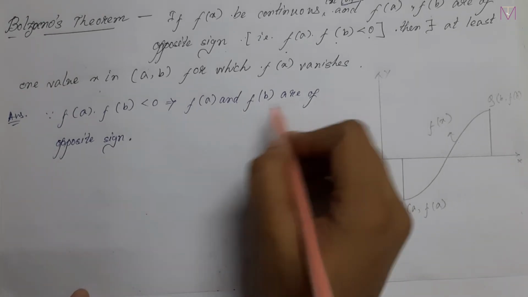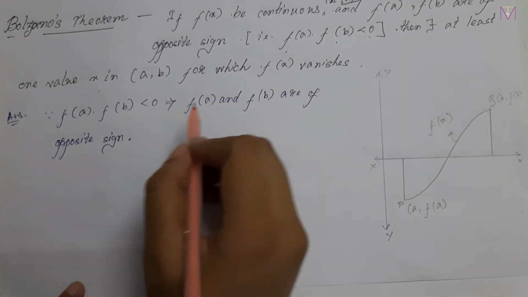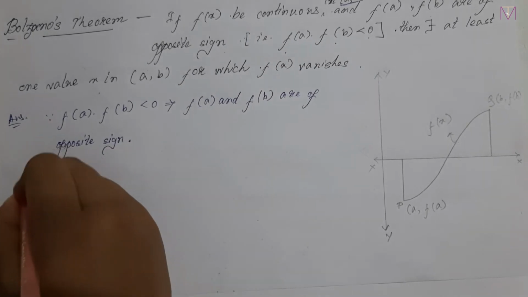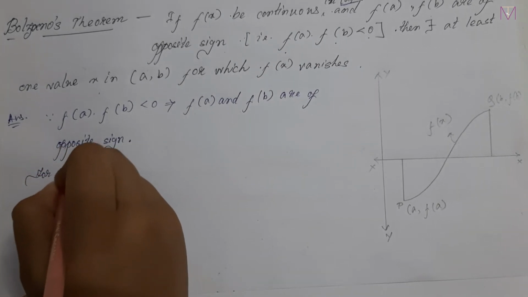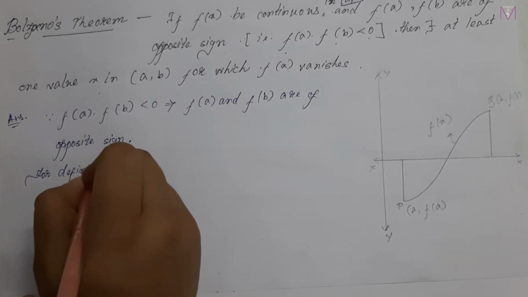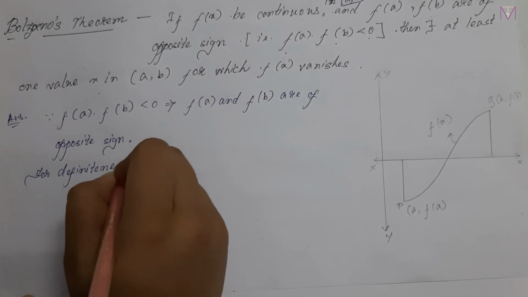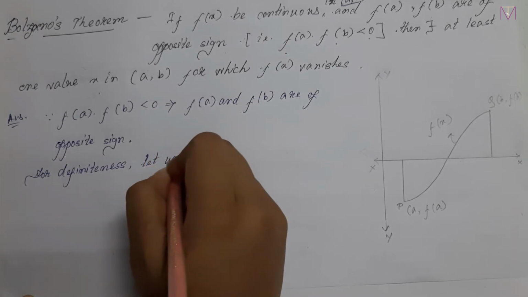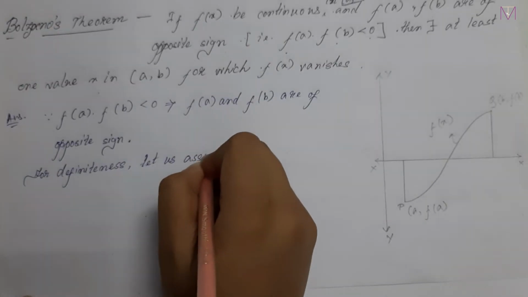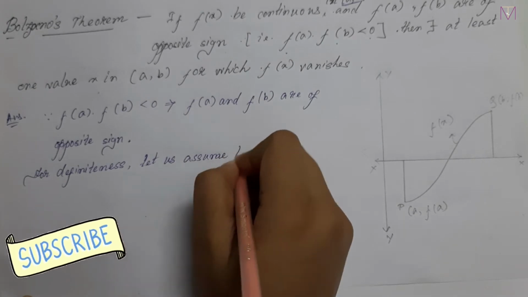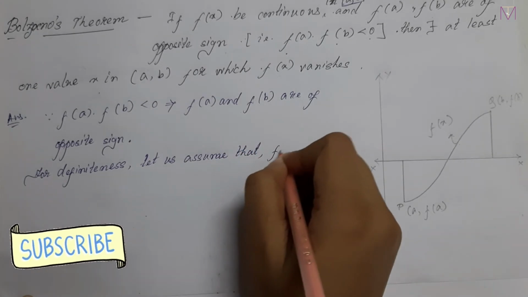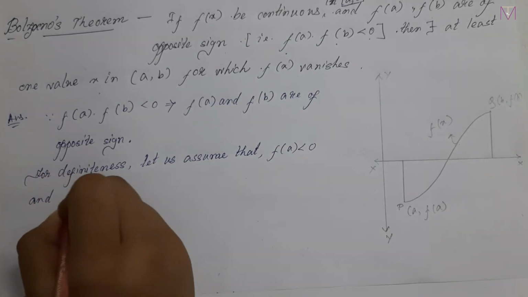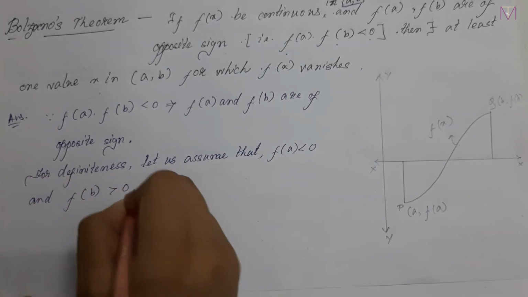So if f of a and f of b are of opposite sign, then we can suppose, for definiteness, let us assume that f of a is less than 0 and f of b is greater than 0.